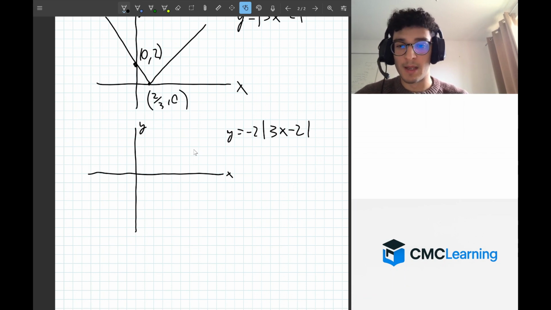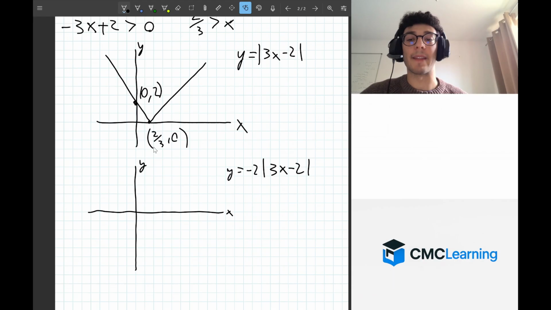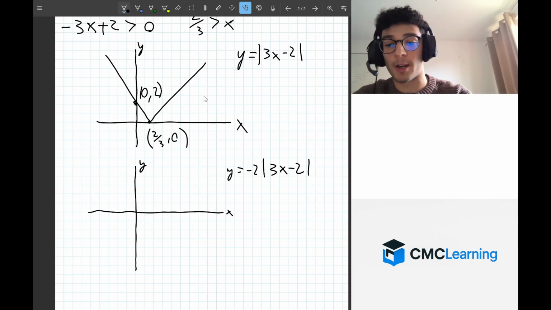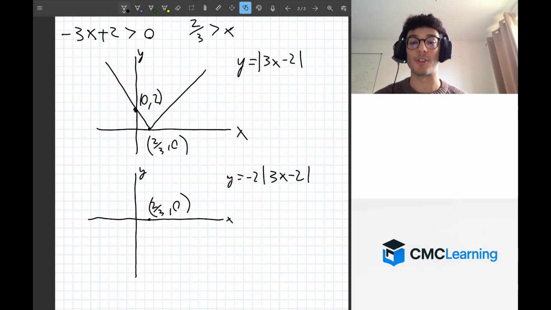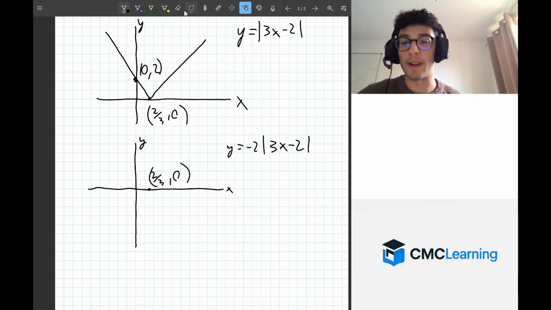So we should really be looking at the key characteristics of each of these plots. You can see that this turning point, since the y coordinate is 0, nothing really happens to this y coordinate. This y coordinate remains 2/3, 0. But the y-intercept for the negative values of our modulus is quite interesting.